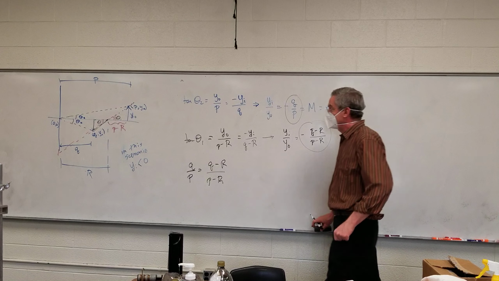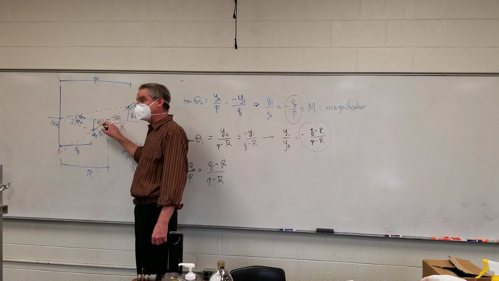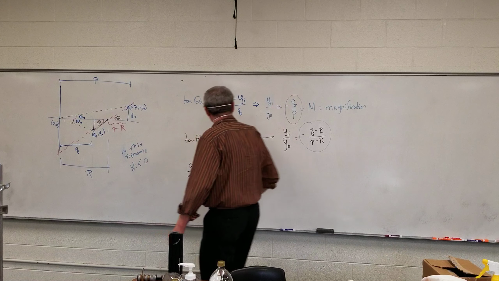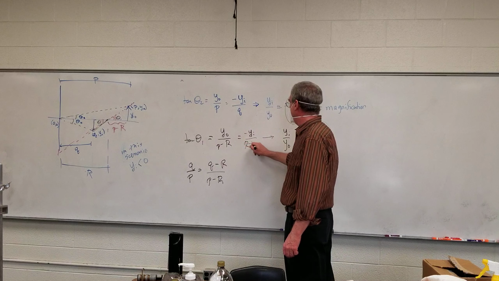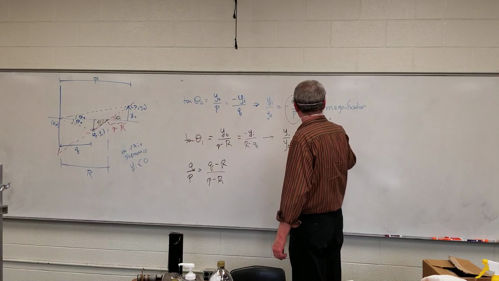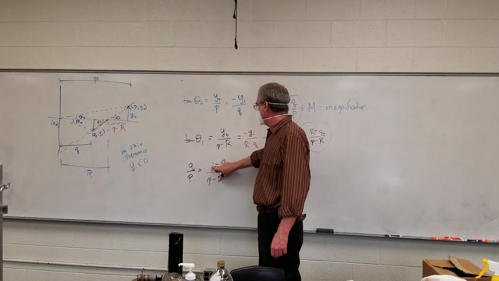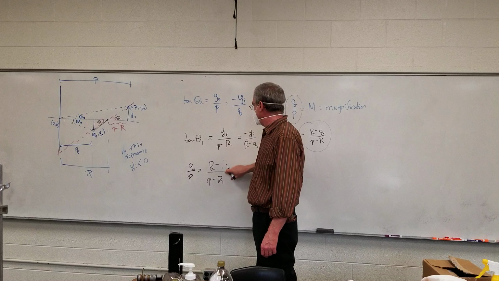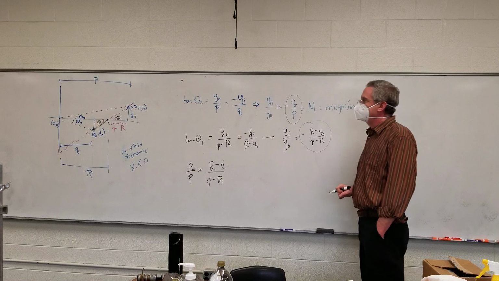Fortunately, it's a small one. This distance here is not q minus r. The distance is r minus q. So that changes to r minus q, r minus q, and r minus q.